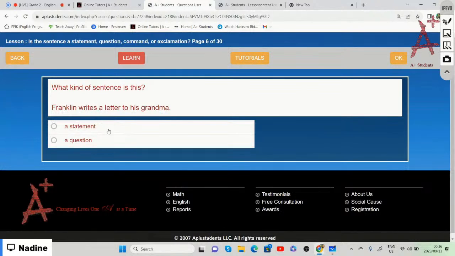Franklin writes a letter to his grandma. Is this a statement or a question? It ends with a period.